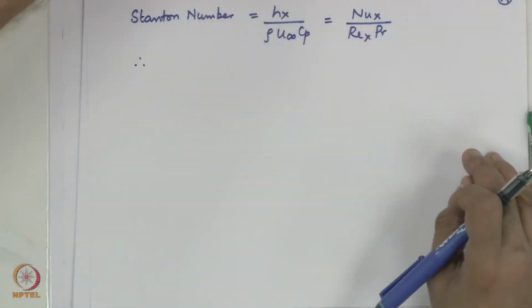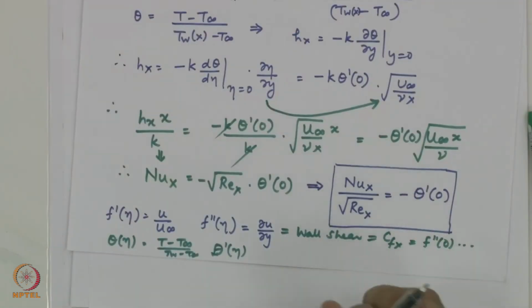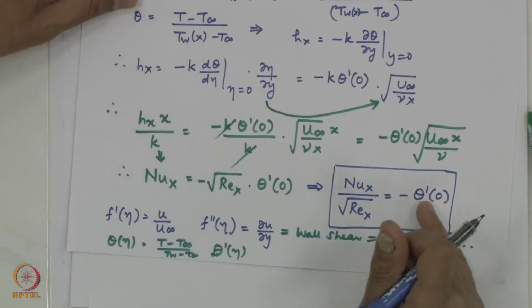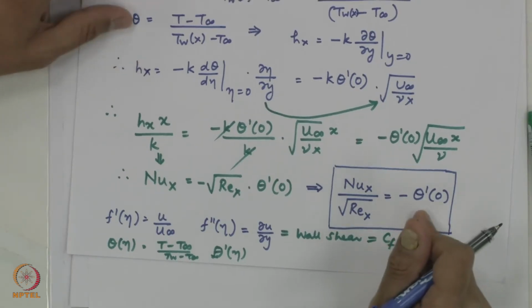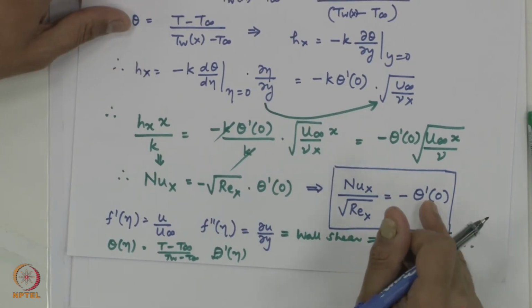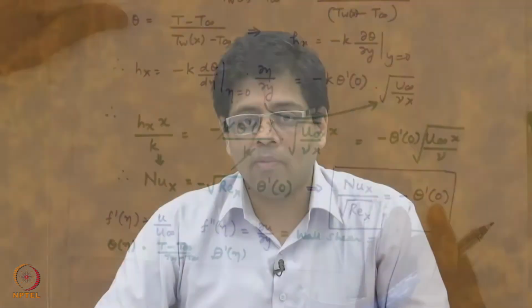What is different from hydrodynamics here is the ratio of the momentum diffusivity and the heat diffusivity, which comes under Prandtl number. So the type of the fluid is directly taken care of by this theta prime of 0. When I do experiments for different fluids, Nu by Rex would have different gradients, and those different gradients would be directly related to the Prandtl number.